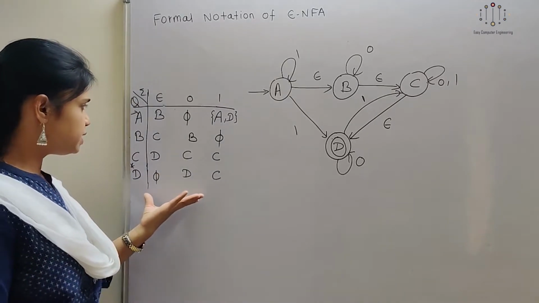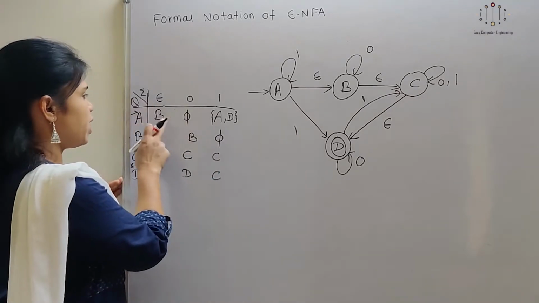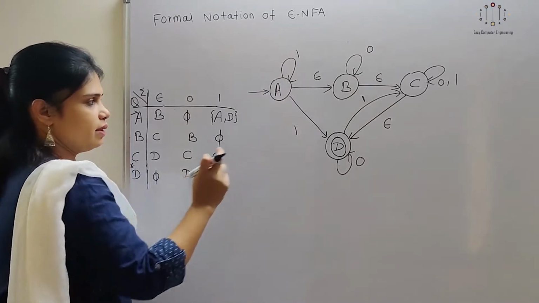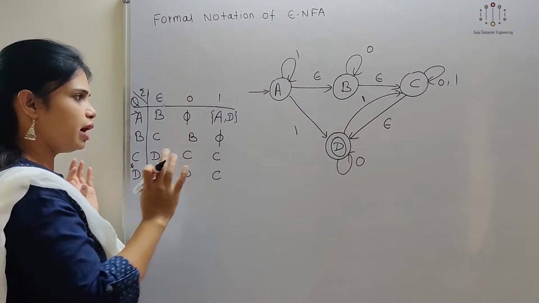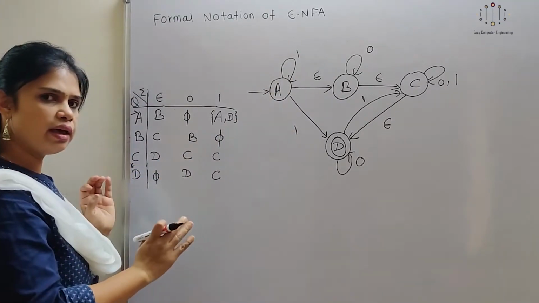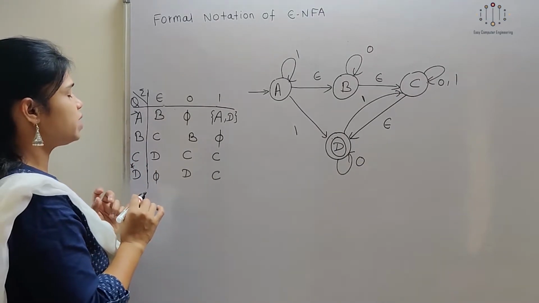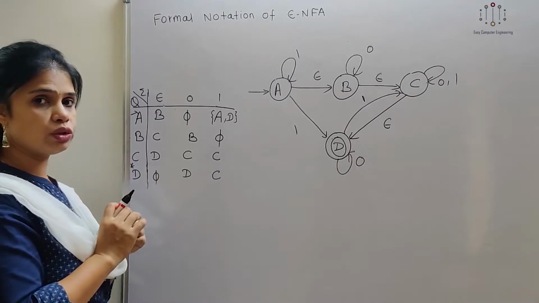If you observe this table, there is a transition from A on 1 to A as well as D. This is an NFA, and since epsilon transitions are there, it is an Epsilon-NFA. Now we will see how to find the epsilon closure.